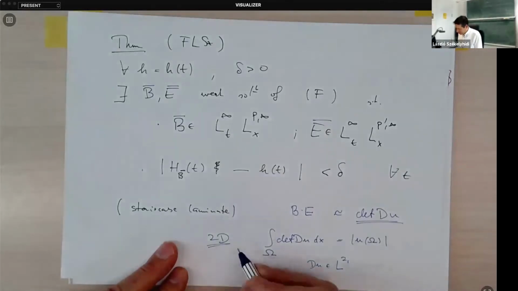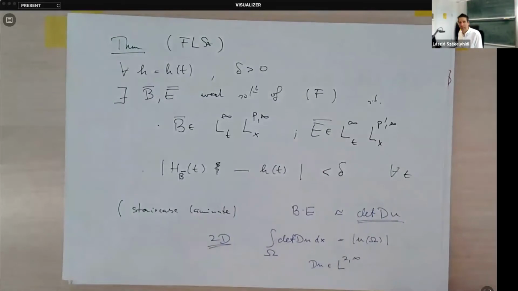So this is a 2D case. So in particular, if it's L2 infinity, and these type of constructions. I don't know how far I should go into the detail because it might take several minutes. But just to say that there's a long history of this type of things.